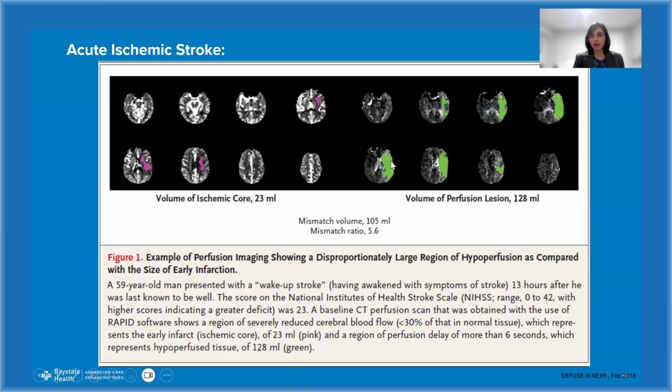And then this is the tissue that you're seeing in green, which is the tissue that you can potentially save. And what these trials looked at was that if the core infarct or the irreversibly damaged tissue was low, and if the area that could be saved was bigger, then those patients benefited from endovascular treatment or intervention.